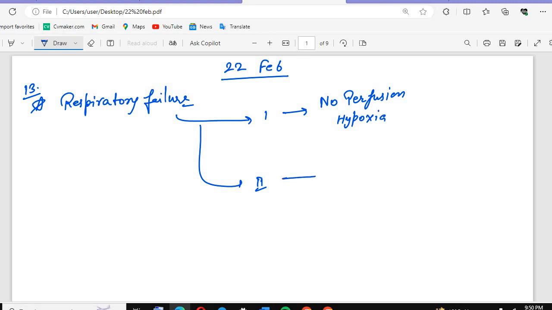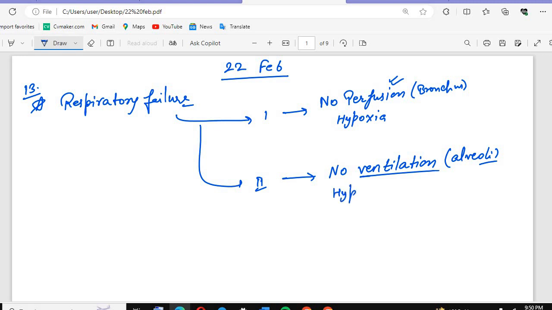But the second condition of respiratory failure can be no ventilation. See, ventilation occurs at the alveoli level, and perfusion occurs at the bronchus level, when we are inspiring and expiring. But ventilation occurs at the alveoli regions. So there will be hypercapnia. So these 2 conditions might be possible.